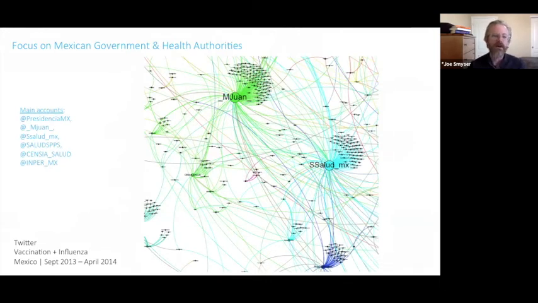And then if we go on, this again shows you the main accounts, the focus on the Mexican government and the health authorities. You can see we have some main accounts there on, I guess, the left-hand side of your screen. But there are particular nodes in any network that have a lot of people paying attention to them.